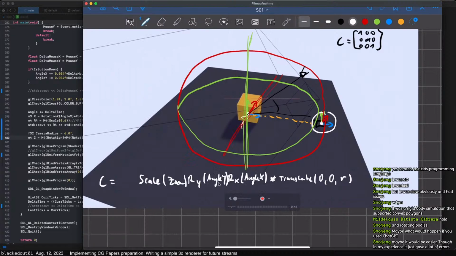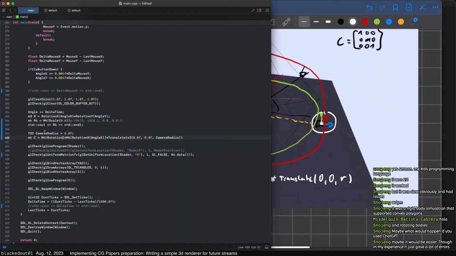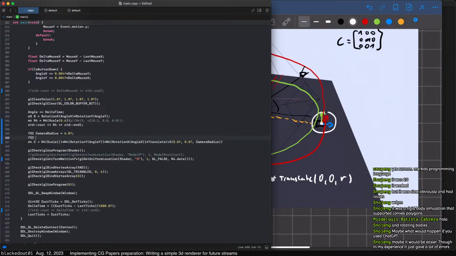And the next thing is the rotation around the y-axis. Rotation y. Angle y. And lastly, we could make a scale here. We could define a zoom factor. For example, 2.